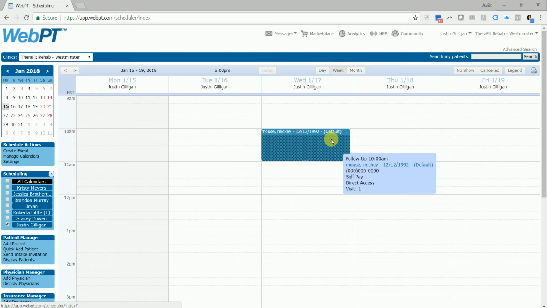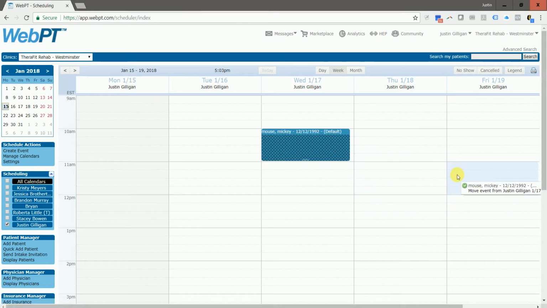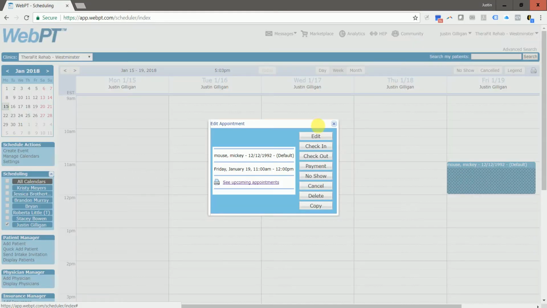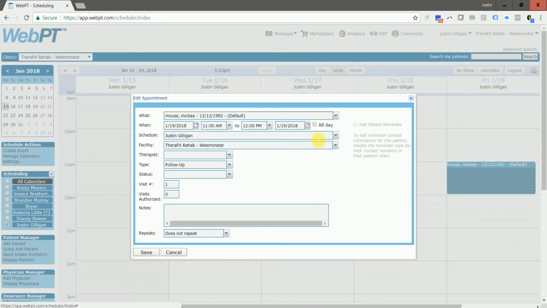If that's good, all we need to do from here is grab that appointment, drag it over to 11 o'clock, and click OK. Now I want to go into this by clicking on it, clicking edit, and writing: reschedule appointment from 1/17, patient canceled appointment with less than 24-hour notice.